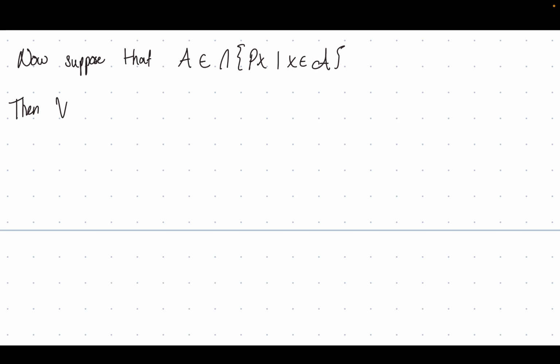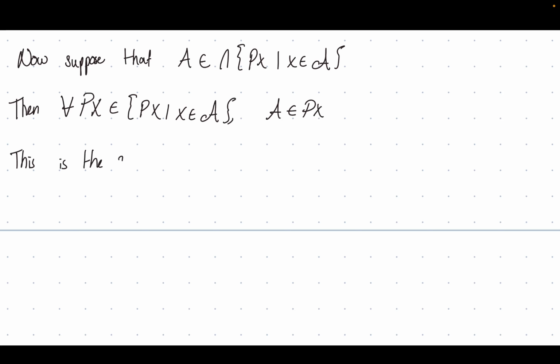So A is in every P(X) in the set of P(X) such that X is in script A, which is the same as saying that for all X in script A, A is a subset of X.